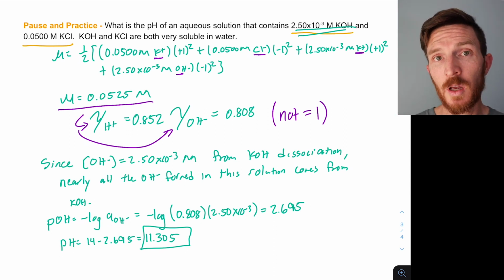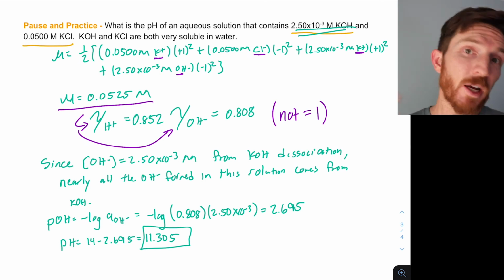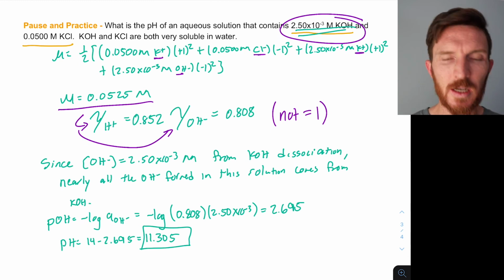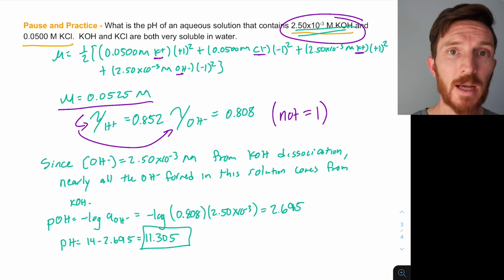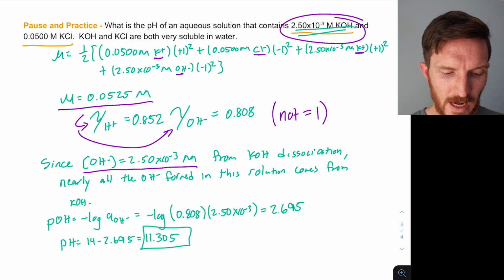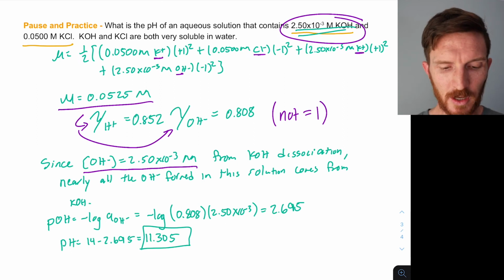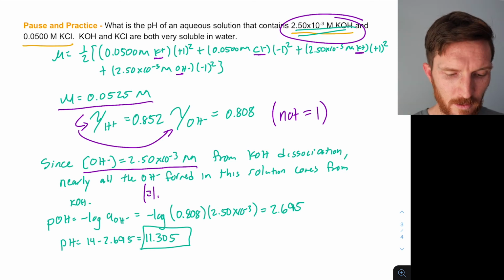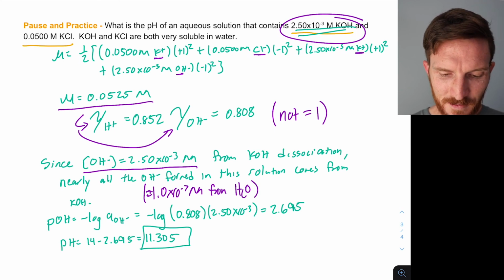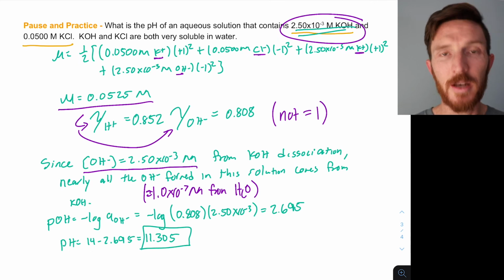The second question is, what's going to influence our pH? Or maybe you ask yourself this first; we can go through either of these steps. We have our potassium hydroxide here. That's a strong base. It's going to produce a lot of potassium and hydroxide ions. It fully dissociates, so we're going to have a concentration of 2.5 times 10 to the negative 3rd molarity from our potassium hydroxide dissociation. That's so much greater relative to the approximately 1 times 10 to the negative 7th molarity of hydroxide from water autoionization before we added this.